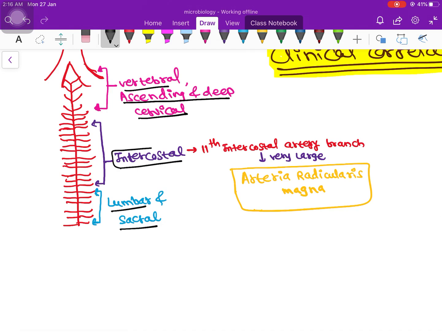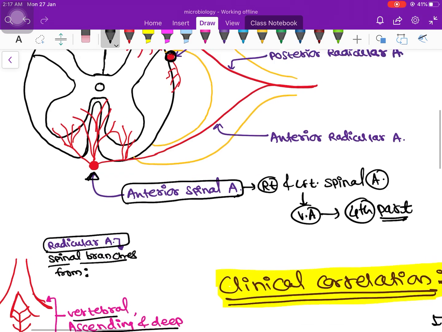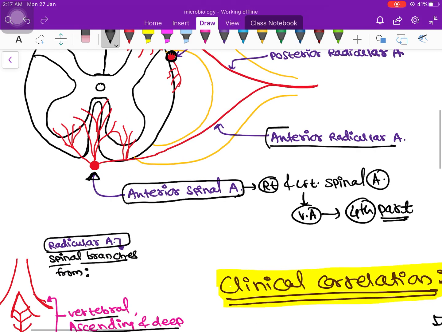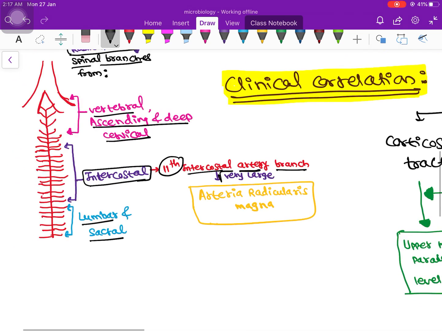So here the 11th intercostal artery gives a branch of radicular artery, especially the anterior radicular artery, and that branch is very large. It is called as arteria radicularis magna.